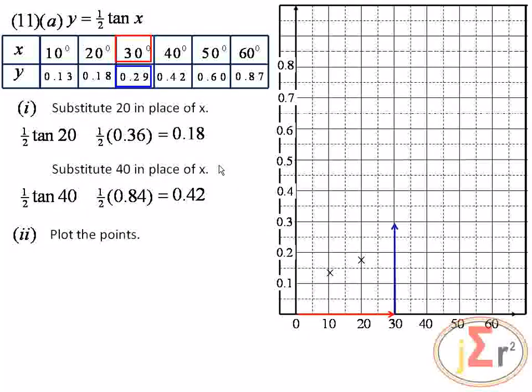And of course we put our little point right there, marking it with an X at every single step of the way. 40, 0.42, 50, 0.60, 60, 0.87. So we are going to just draw a smooth curve through all those points.